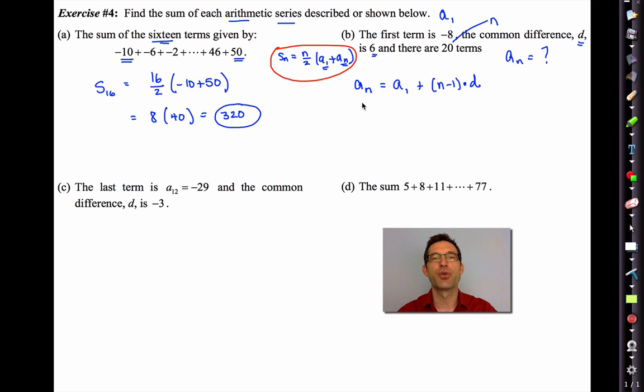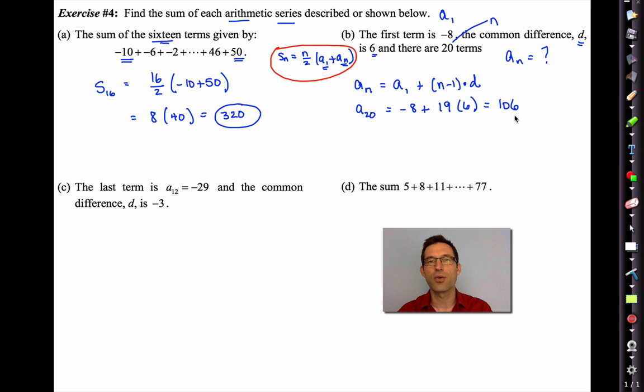And this allows us to produce the nth term. I guess it would be the 20th term, right? That's going to be our last term by taking our first term, -8, and adding 1 less the number of common differences. So remember, to get to the 20th term, we add the 6 9 times. And that gives us our last term at 106.